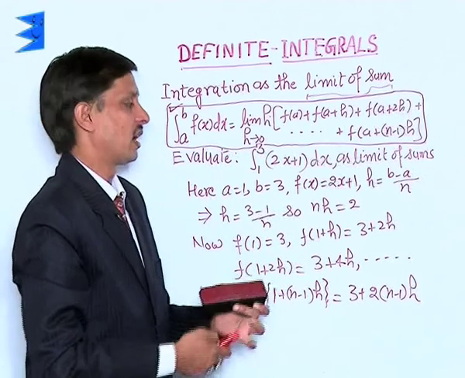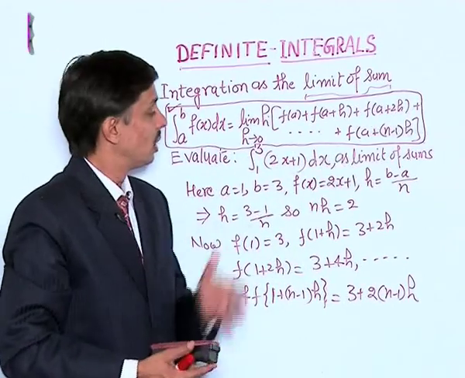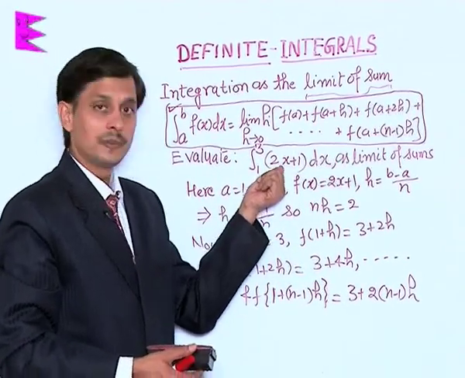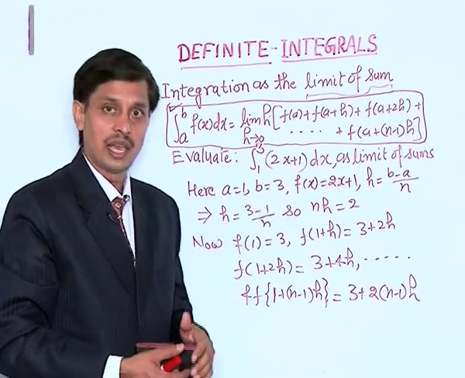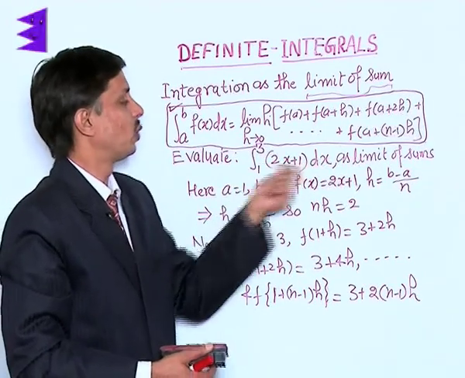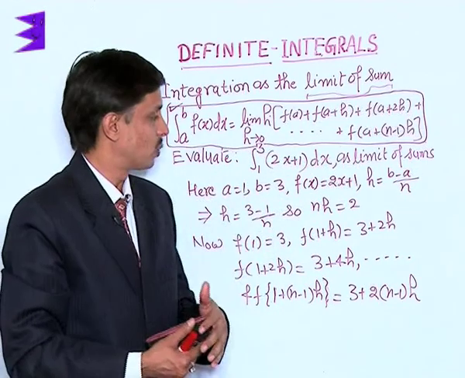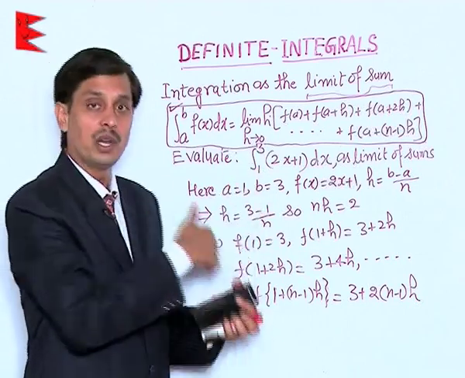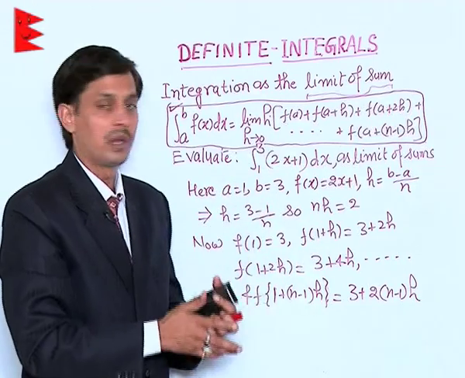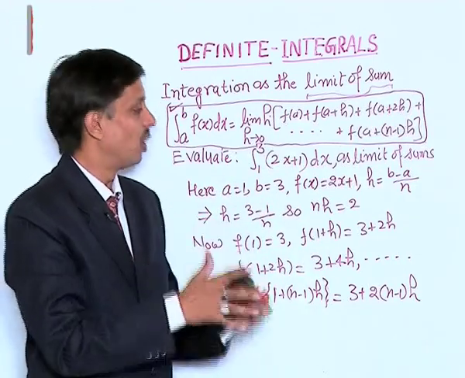The question directly is very easy. The reason being, the integral of 2x is x square, and the integral of 1 is x. So the integral of 2x plus 1 becomes x square plus x, and the upper limit needs to be taken as 3 and lower as 1, and it can be obtained in a very ordinary way.